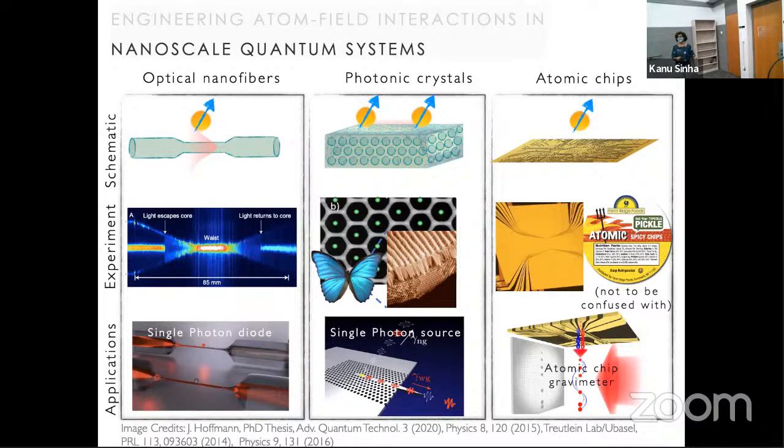In some cases, they've also been realized by the butterfly community. You can see this nice photonic crystal structure in the wing of a morpho butterfly. And not only are these ideas realizable, they're useful as well for building various photonic devices, sensing gravitational fields, building quantum computers, and so on, as we know.